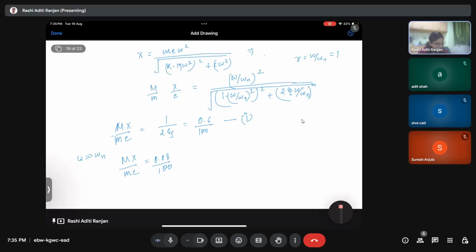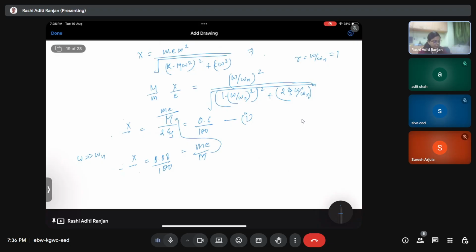Firstly, this shouldn't be written in this form; it should be m E by capital M. So we can just substitute this over here.